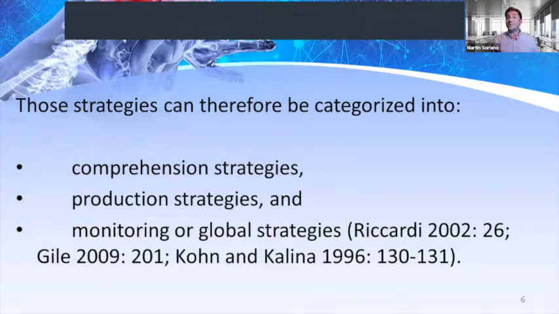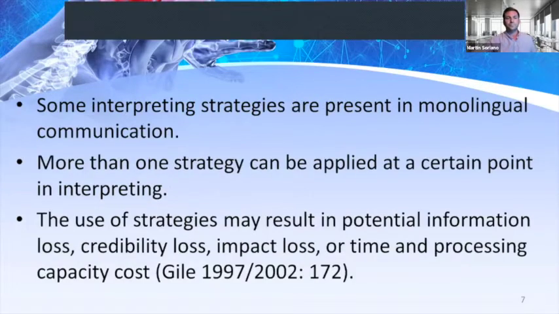Strategies help us use a minimum amount of processing effort for maximum meaning delivery. They can ease, for example, the cognitive strain that we have. And what else? They can overcome emergencies. And that is why researchers argue that interpreters resort to a number of strategies that may ease the burden and improve the pace of delivery, okay?